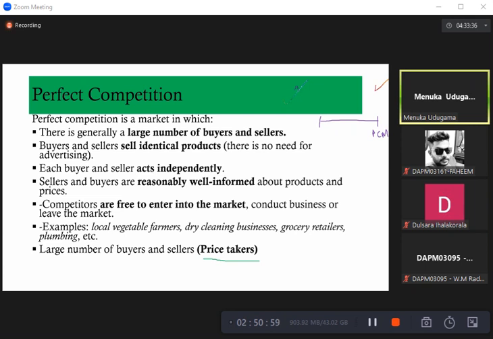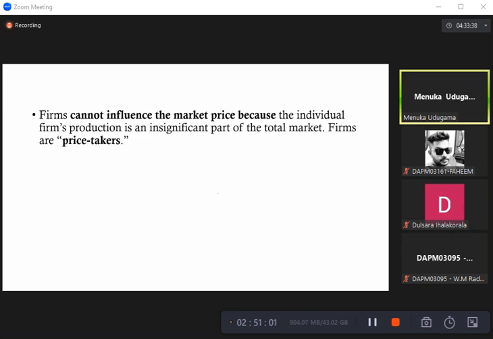Why do we call them price takers? Because this is a perfectly competitive market. Right? If you draw the market equilibrium for this type of a market, now we are familiar with the market equilibrium. This would be the demand, let's say for paddy, and supply for paddy. This would be the price that is decided by the industry or the market. Quantity.